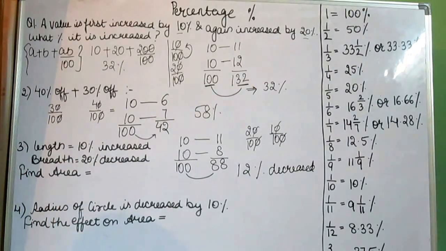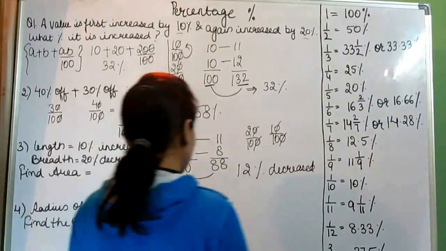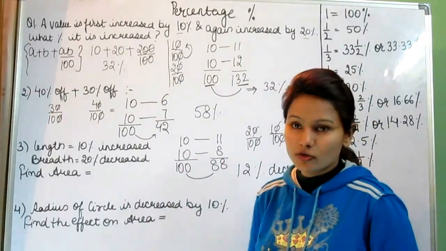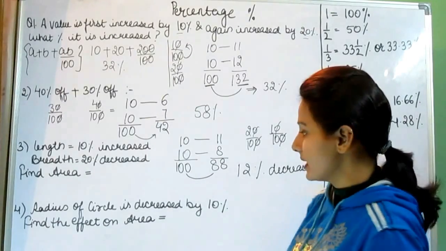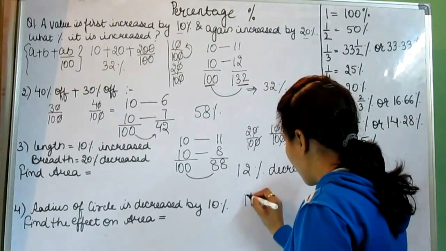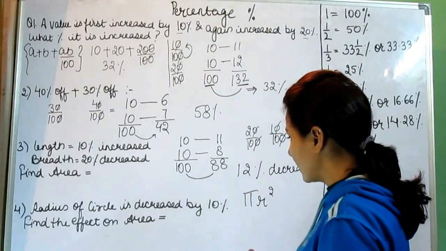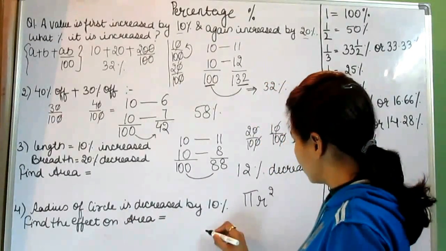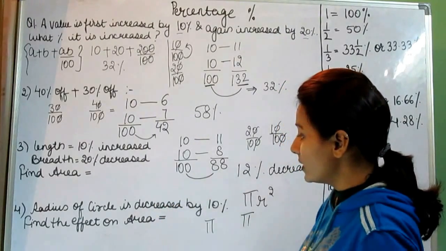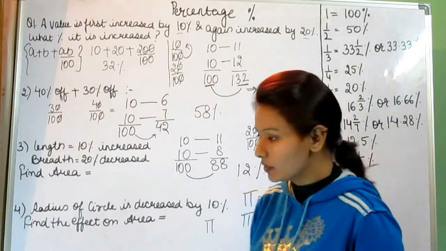Now the fourth question is: the radius of a circle is decreased by 10%. Find the effect on the area. First of all, we need to know the area of a circle. The area of a circle is pi r square. This is pi, this is pi. Now the radius of the circle is decreased by 10%.